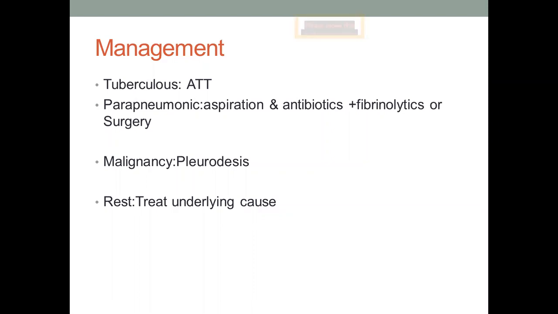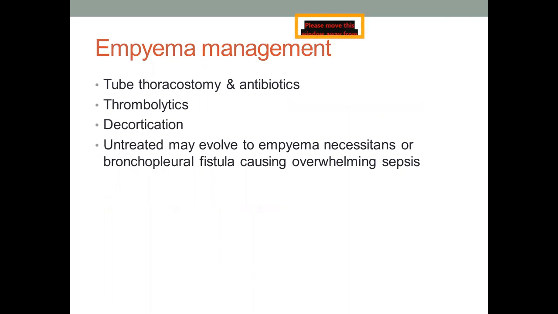So, in the remaining pleural effusions, treatment of the underlying cause is recommended. So when there is pus in the pleural space, empyema management: tube thoracostomy should be done, and empiric antibiotics should be given to the patient.